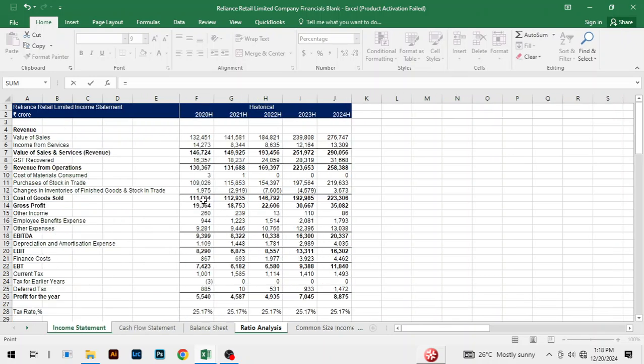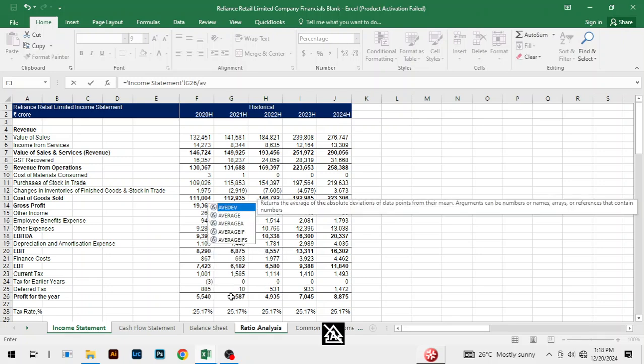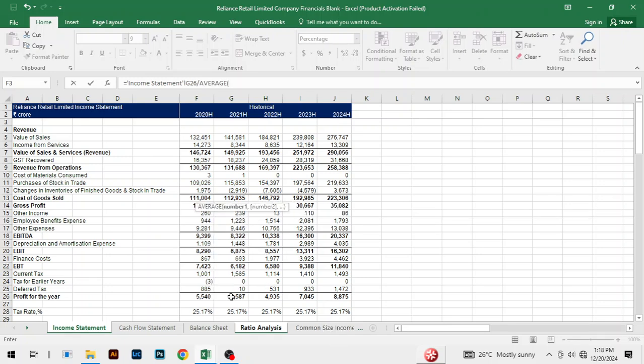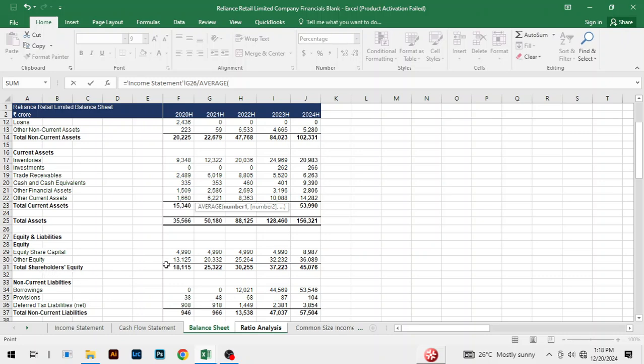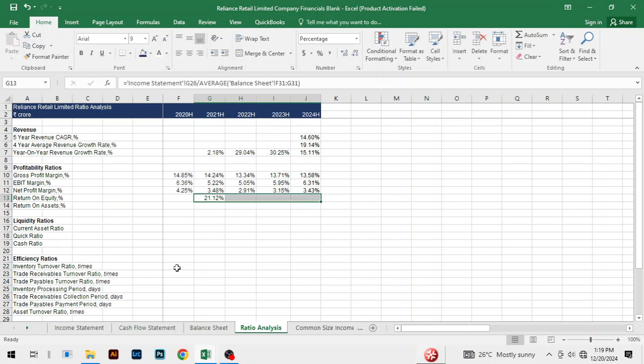So let's go here to the income statement and profit. We pick profit for 2021, we divide by the average, and then we pick the total shareholders equity in the balance sheet here. So we press enter, right? So we copy that to the right.